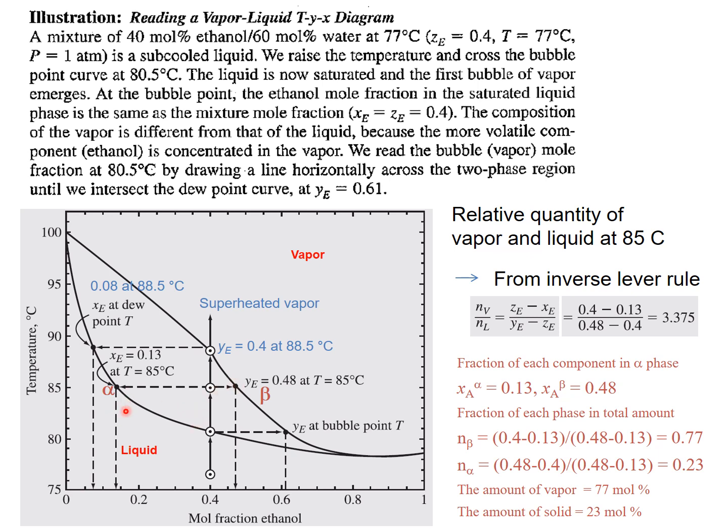So the liquid composition of ethanol is about 0.13. So x_E, alpha is liquid, is 0.13. How about the vapor phase? In the vapor phase, you have about 0.48 mole fraction of ethanol in water vapor. So 0.48.